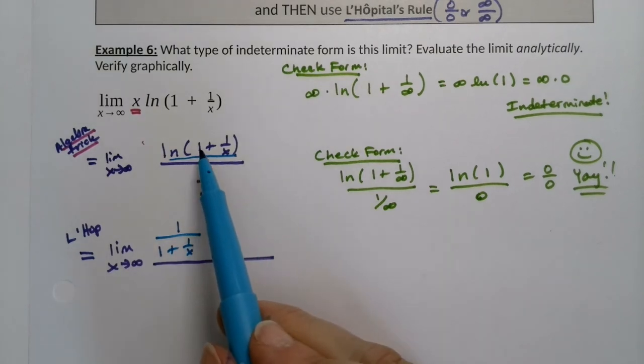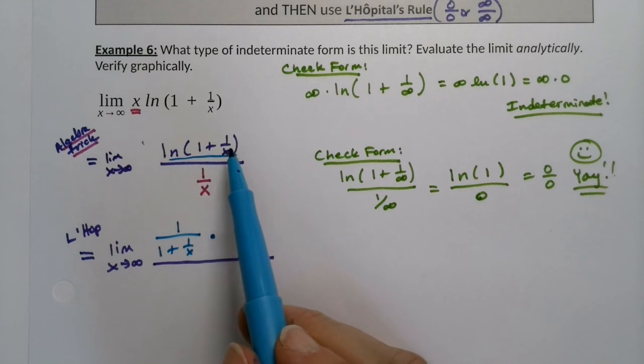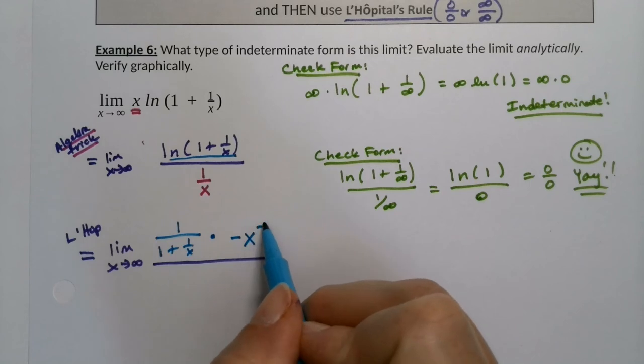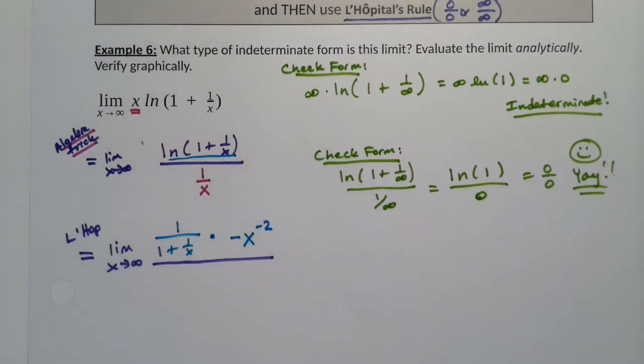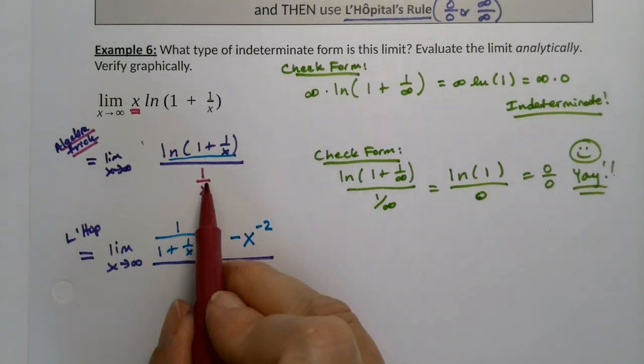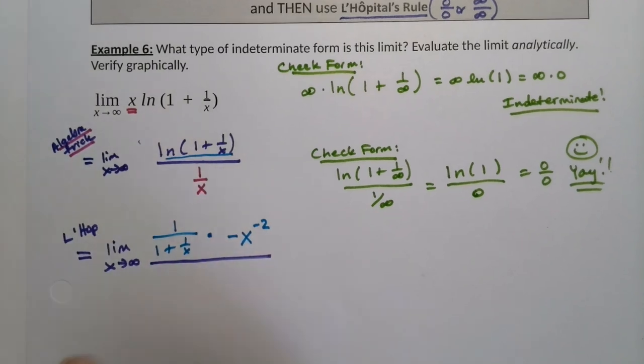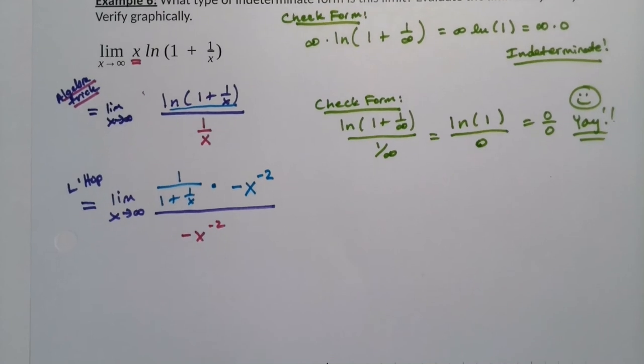The derivative of 1 is 0, but the derivative of 1 over x, that's really x to the negative 1, so that'd be negative x to the negative 2. Similarly, the derivative in my denominator, because that's x to the negative 1, would be negative x to the negative 2. Oh, that's convenient because those two are the same value, so they divide away to nothing.